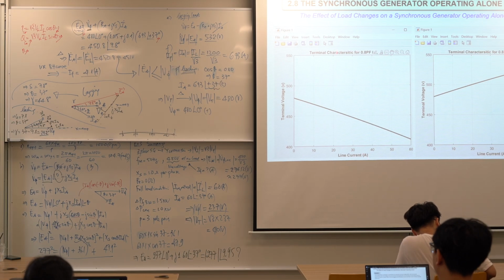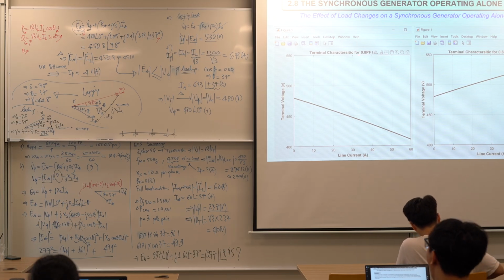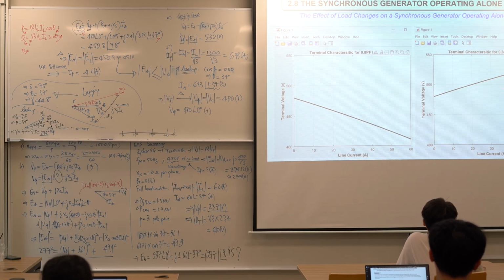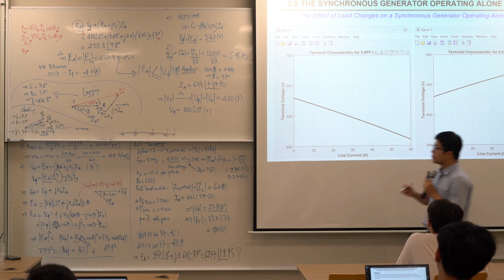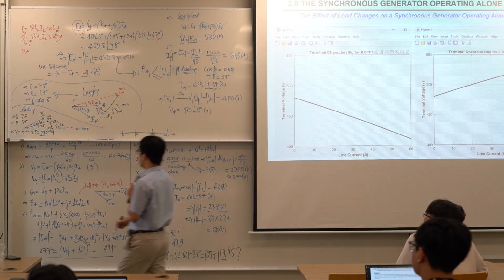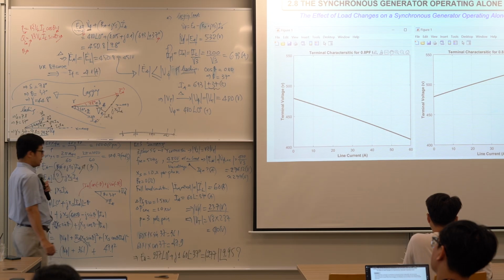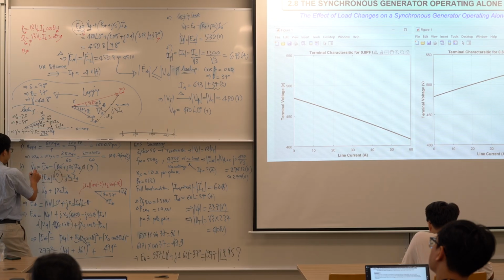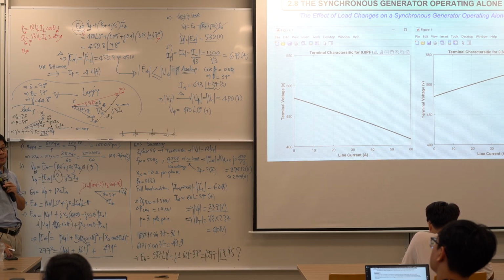And then this is line current and terminal voltage for power factor lagging. This one is line current and terminal voltage for power factor leading. When we increase line current, that means we reduce terminal voltage for lagging.